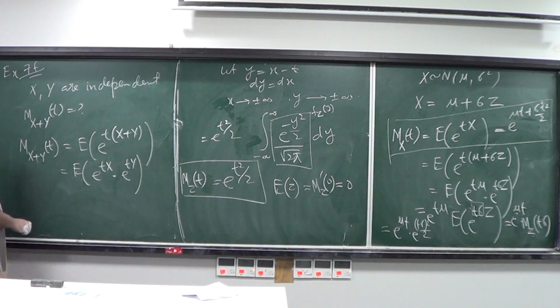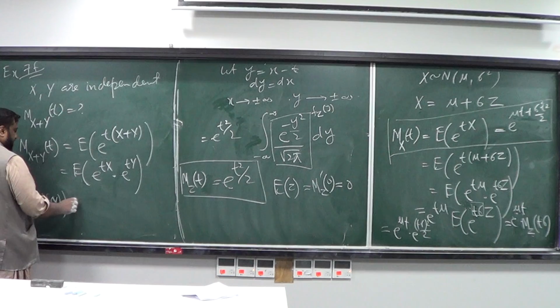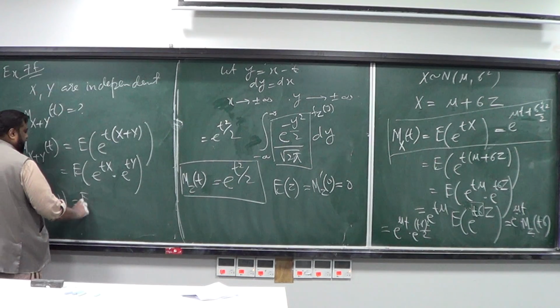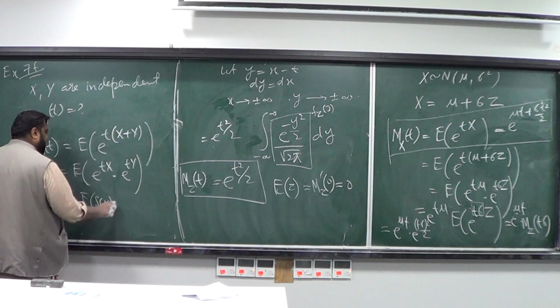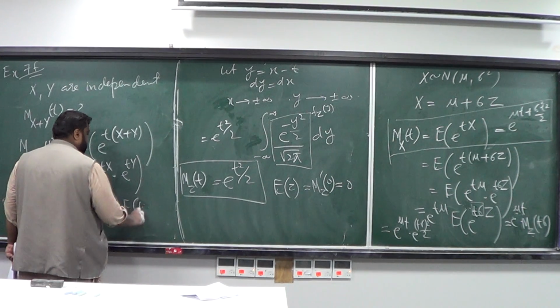Now we know the result that if you have expectation of g of x times f of y, where x and y are independent, and g and f are say continuous actually, then this expectation is equal to the expectation of g of x times expectation of f of y.